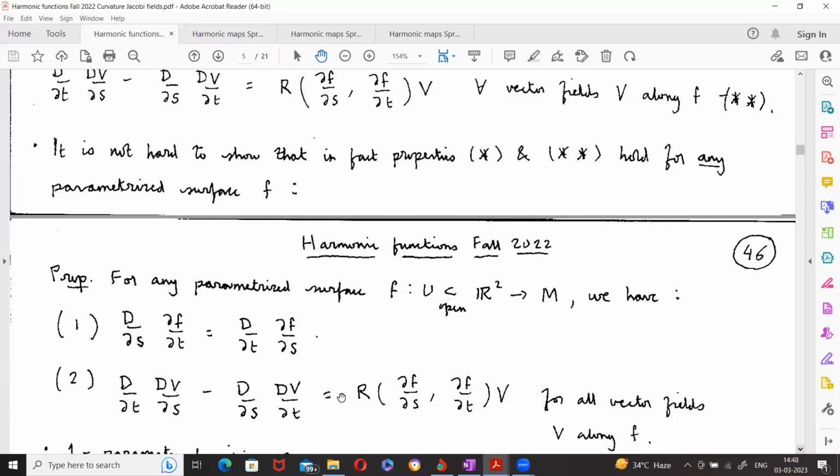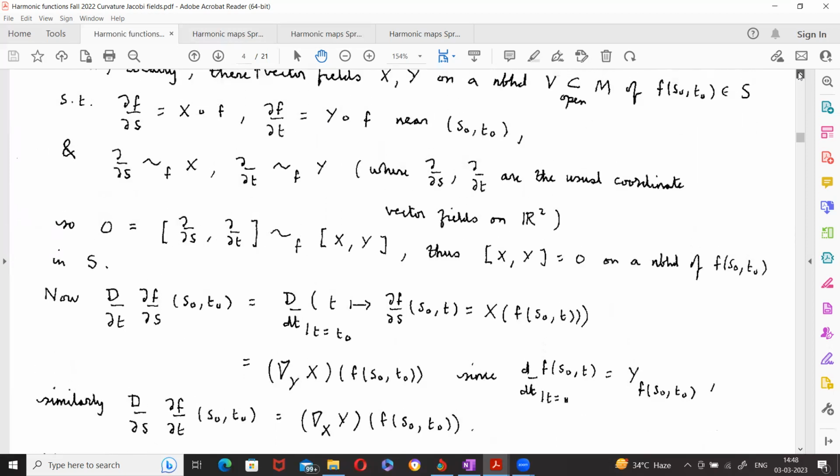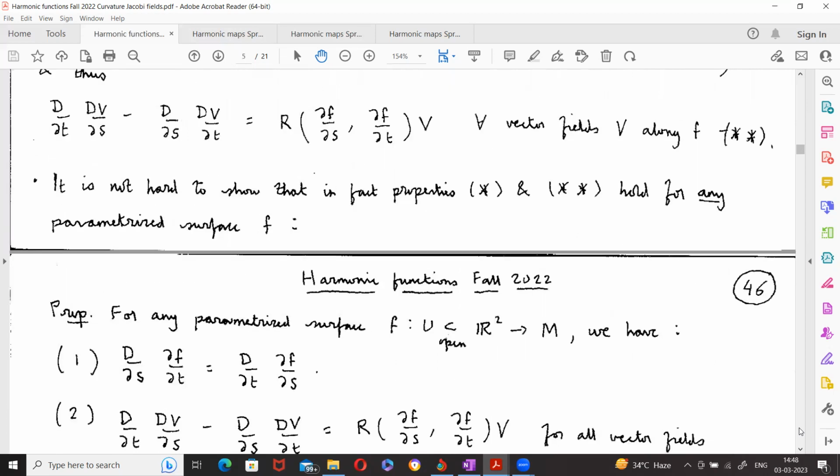Such that ∂F/∂s I could write as X composed with F, and ∂F/∂t as Y composed with F. So this was only under the assumption that my surface was an embedding, a diffeomorphism onto a submanifold of M. We used that assumption to prove these properties.